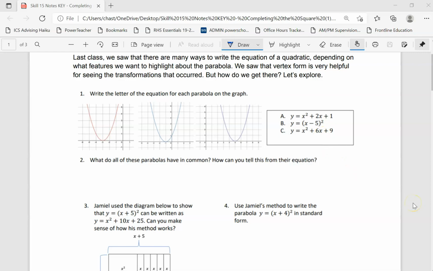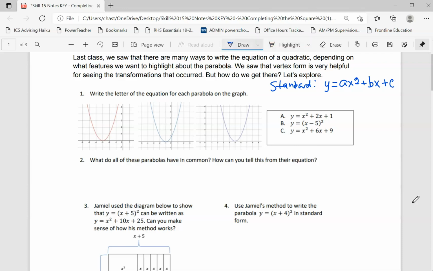All right, so if we look at these equations, we can see that choice A is in standard form. So remember, standard form looks like y equals ax squared plus bx plus c. And what was nice about the standard form is that you could read off the y-intercept.